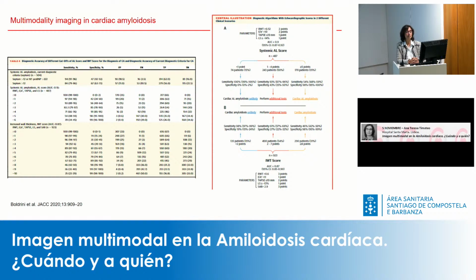There is the systemic AL score that includes relative wall thickness, E over e prime, TAPSE, and longitudinal strain for patients with systemic amyloidosis to check if there is cardiac involvement, and the increased wall thickness score for patients with increased walls, usually the ATTR form, that uses relative wall thickness, E over e prime, TAPSE, longitudinal strain, and septal to apical, apical to basal longitudinal strain ratio.